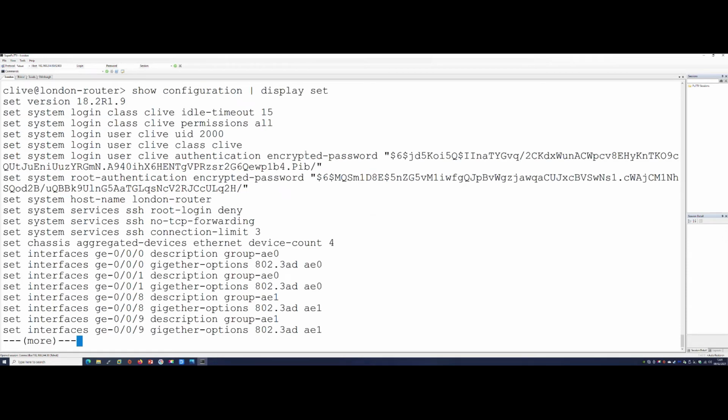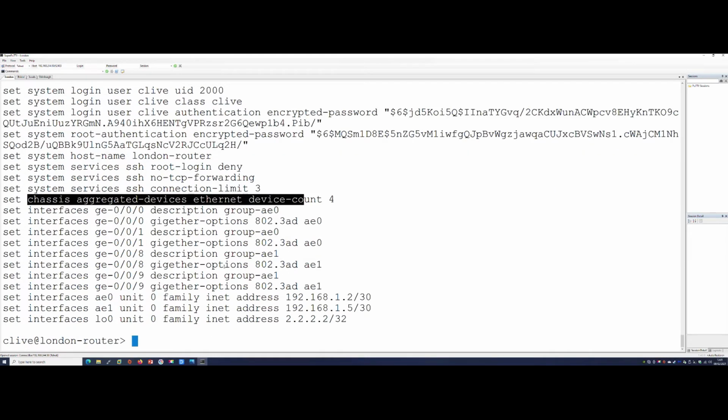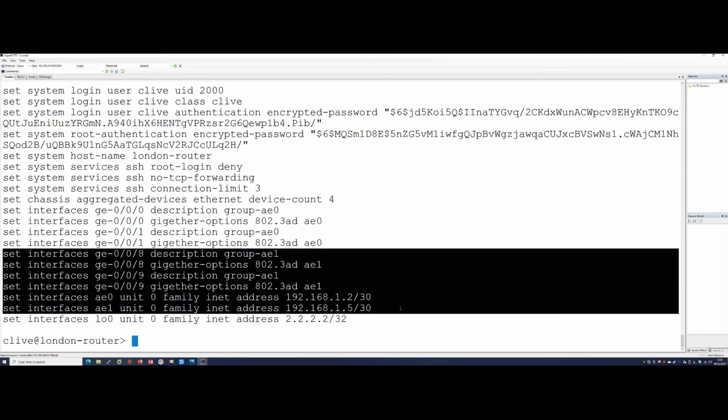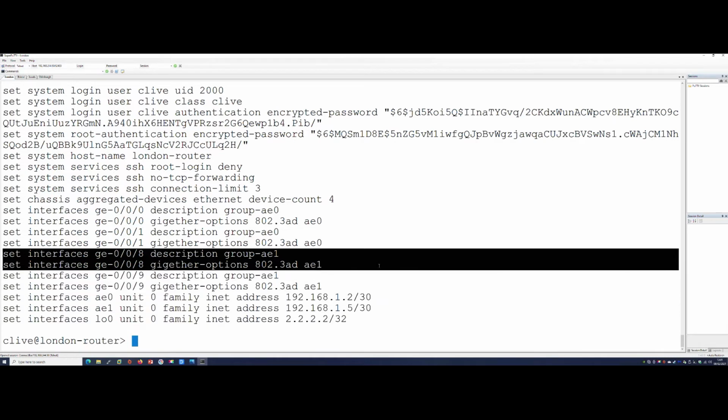So as you can see, I've set the login classes, the user login, the system host name, SSH, the aggregated devices, and we've included now AE1, as can be seen here. Okay, so we've also configured AE1 with the IP addresses and the loopback address.